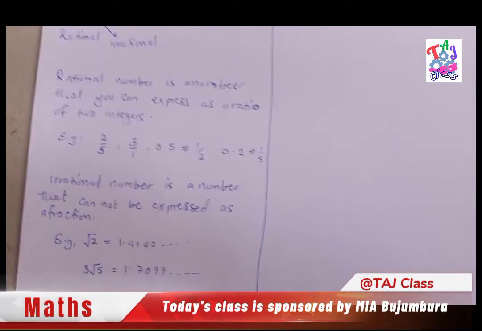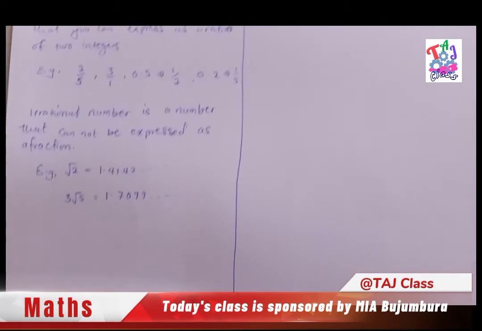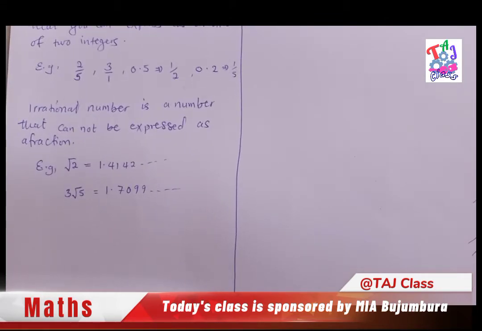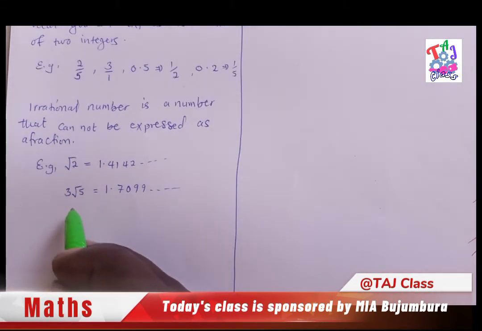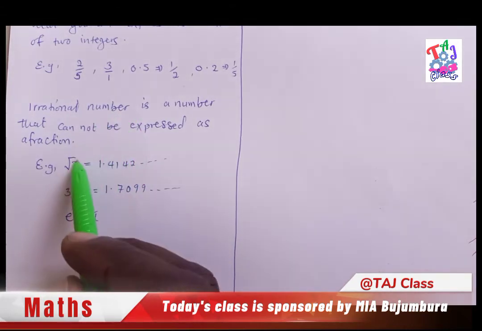So in that case, this can't be expressed as a fraction, and that makes it an irrational number. Then we also have other irrational numbers like e and pi. These ones are irrational numbers, but they are not surds. These ones are the only surds.